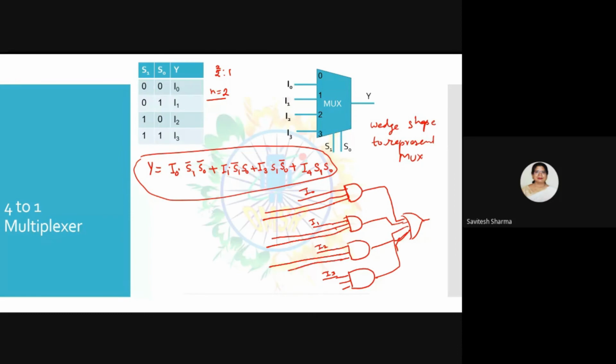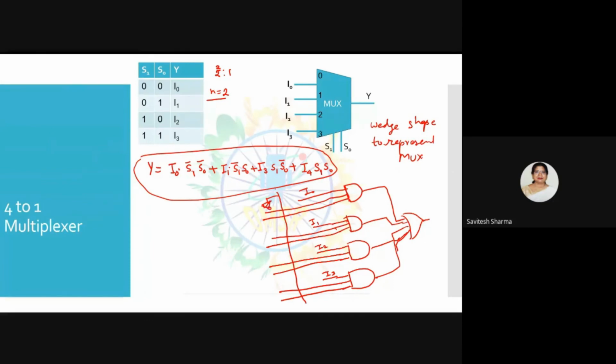So I will extend it. This will help you to draw the circuit for any further blocks. I will tell you ROM, RAM, PLA, PROM. So if you know how to draw the circuit in a simple way, I am showing you here.